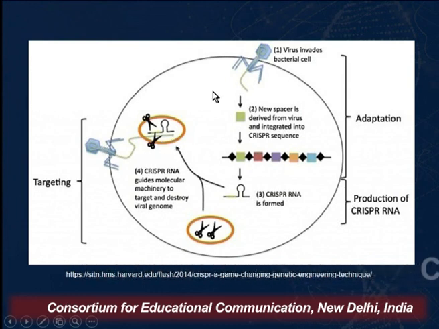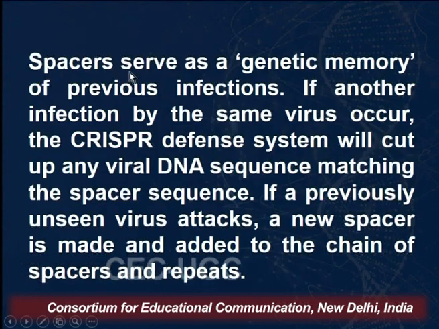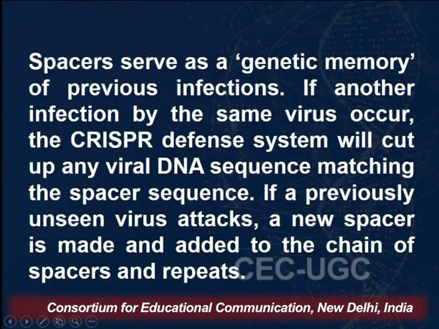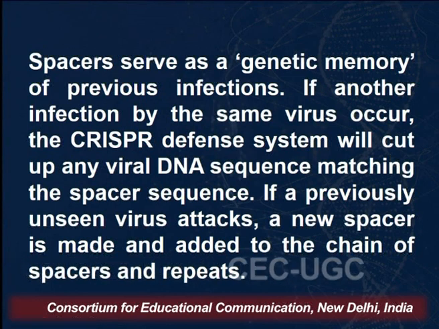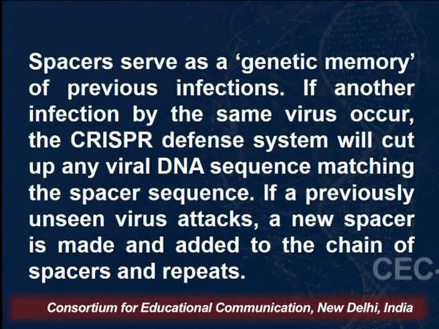This is the adaptive mechanism it uses to defend itself. Spacers serve as a genetic memory of previous infections. If another infection by the same virus occurs, the CRISPR defense system will cut up any viral DNA sequence matching the spacer sequence. If a previously unseen virus attacks, a new spacer is made and added to the chain of spacers and repeats.